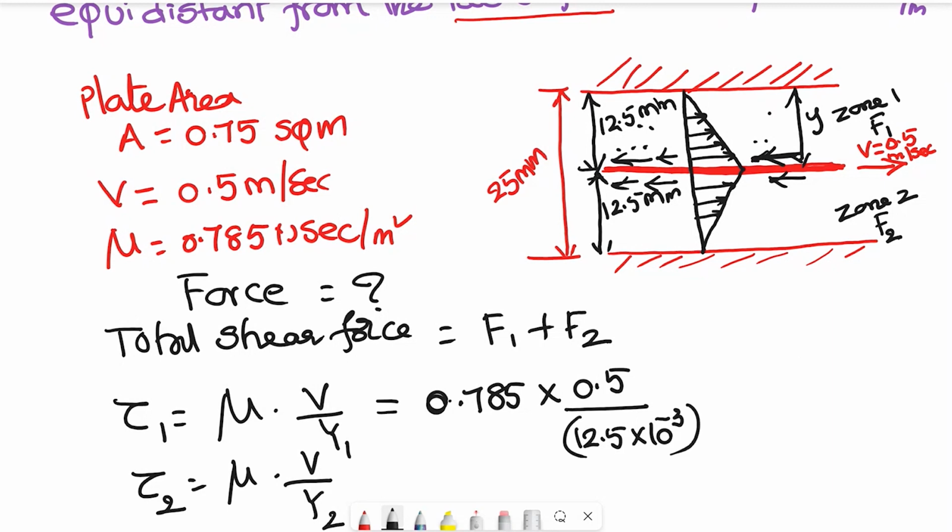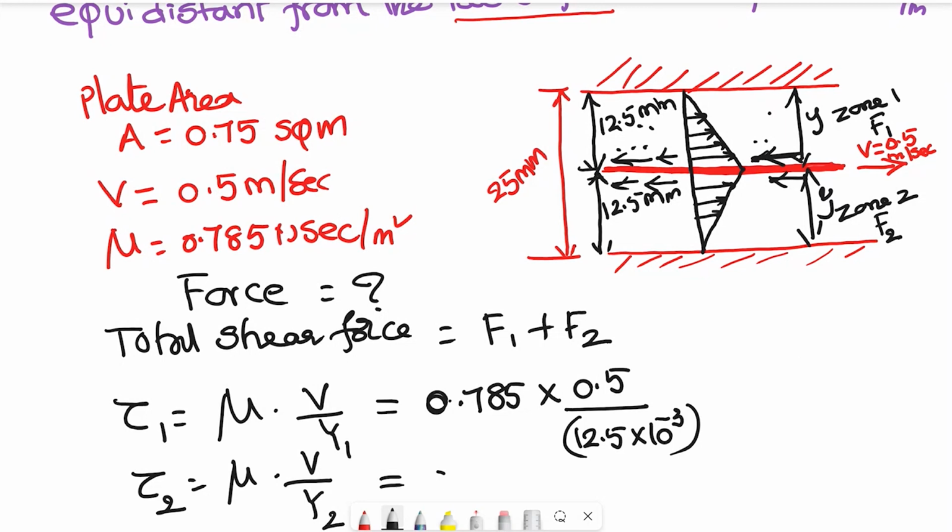Because he has given mm and I am converting into meters. Remember, he has given the total space, but y for us is the distance between the fixed plate and the moving plate, so this zone only.